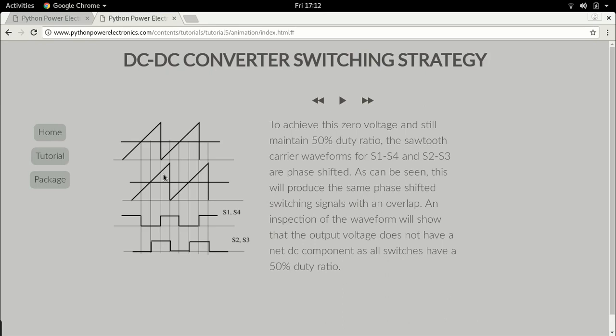Usually in an implementation, this can be done in digital signal processors, because in digital signal processors you have to upload a certain value into the register corresponding to the sawtooth waveform. You can always upload a different value, and therefore you can change the phase shift with control at every 0 crossing.